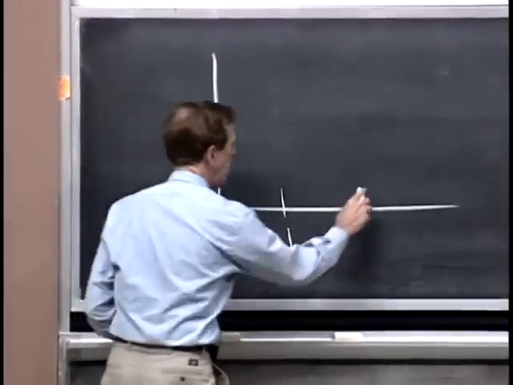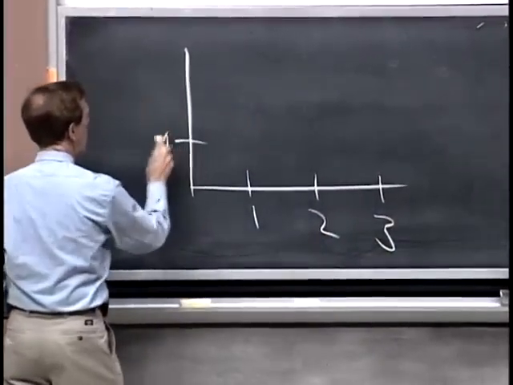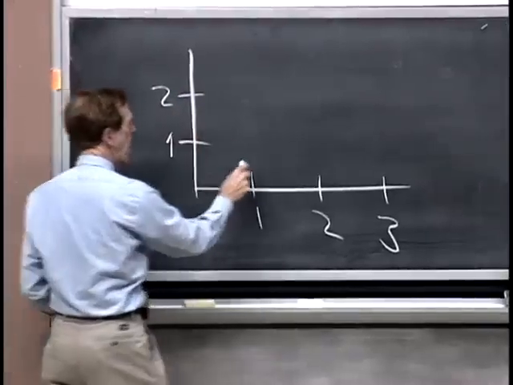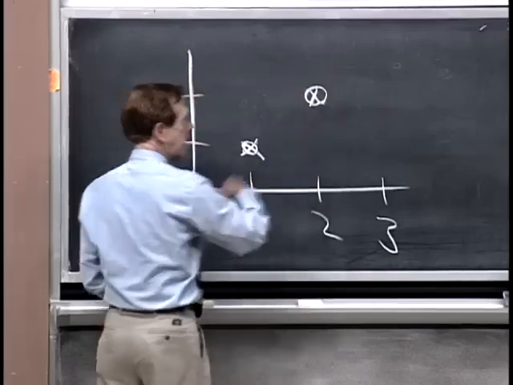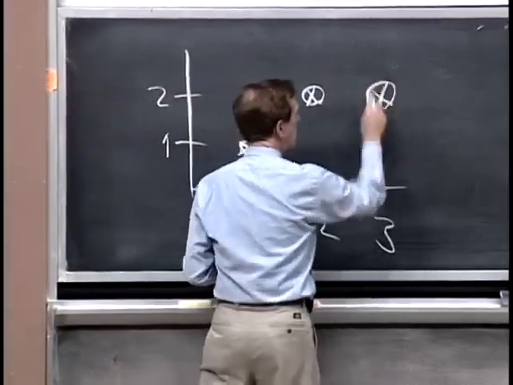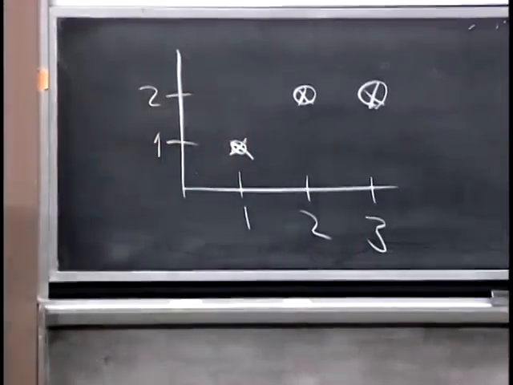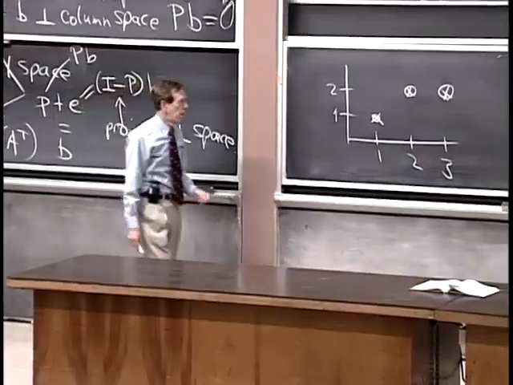T equal 1, 2, 3. The heights were 1, 2, and then 2 again. So their heights were that point, which makes it look like I've got a nice 45-degree line, but then the third point didn't lie on the line. And I wanted to find the best straight line.